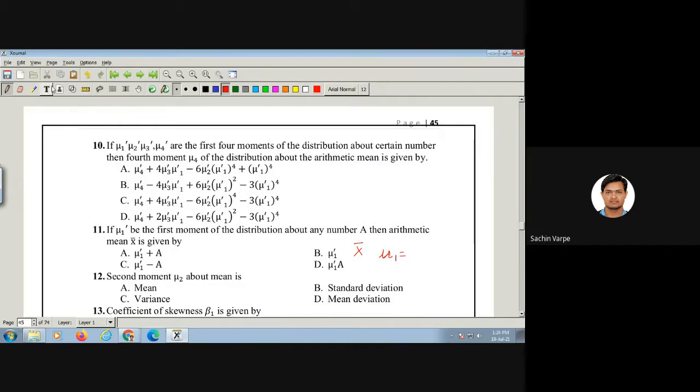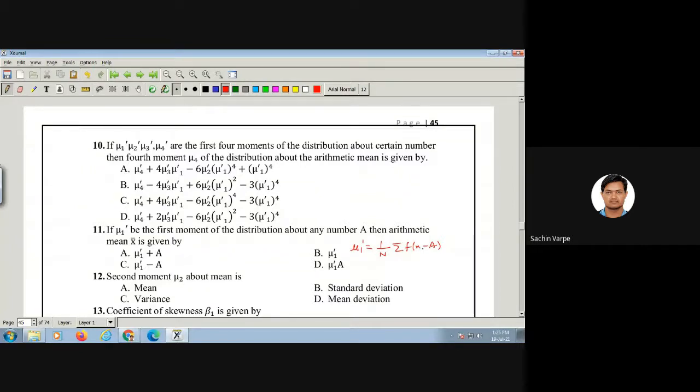Mu1 dash is equal to 1 upon n summation of f into x minus a raised to 1.